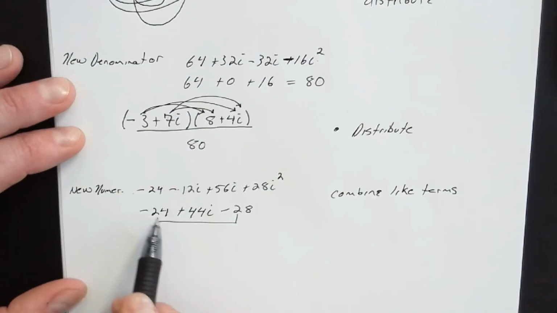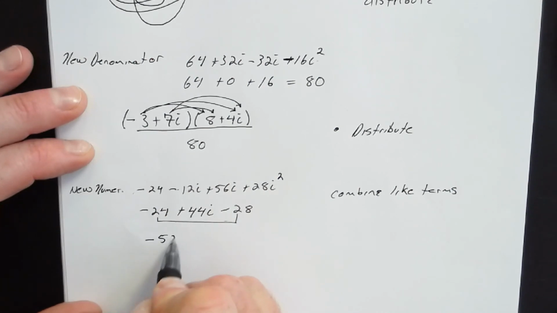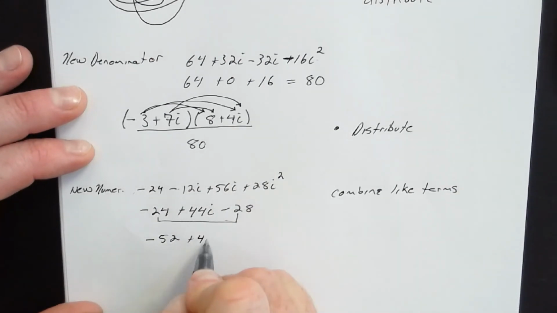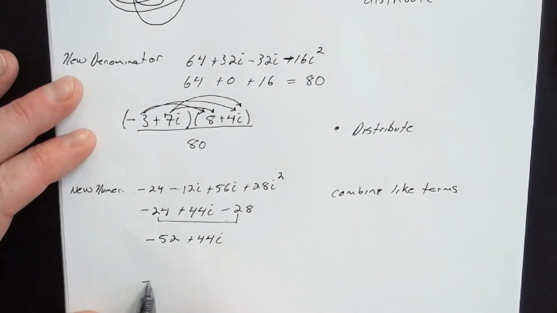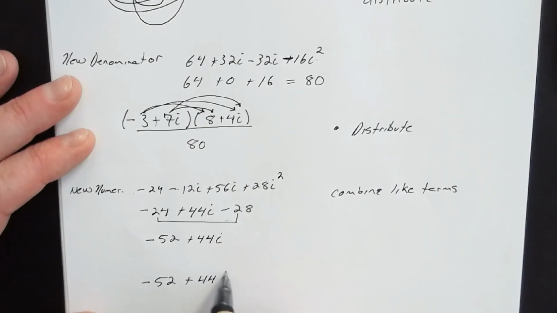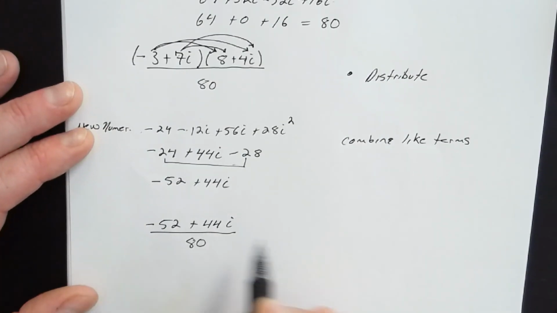When we combine like terms here, we have negative 52 plus 44i. That's our numerator. Now we put the numerator and the denominator together. So we have minus 52 plus 44i over 80.